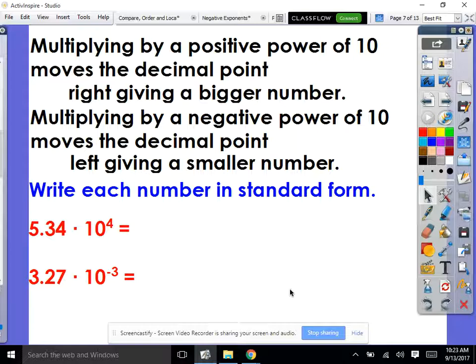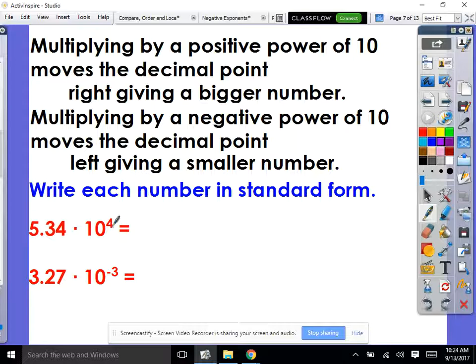All right, so to write a number in standard form, our exponent tells us the direction to move the decimal and how many places to move the decimal.